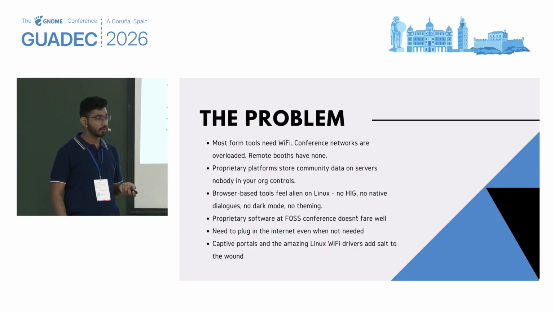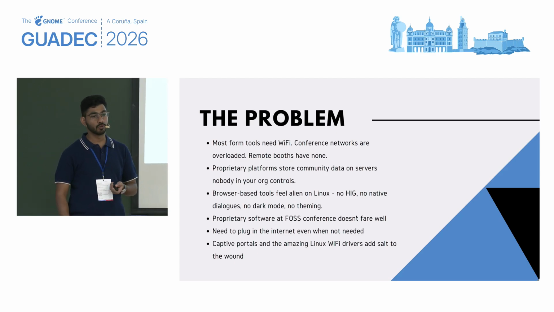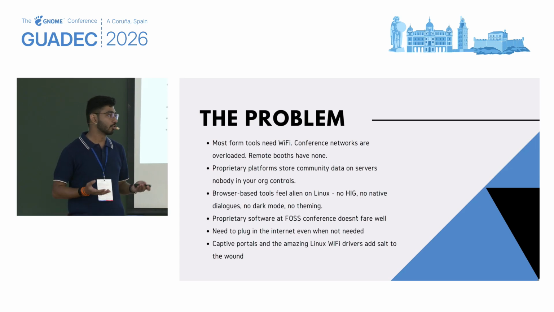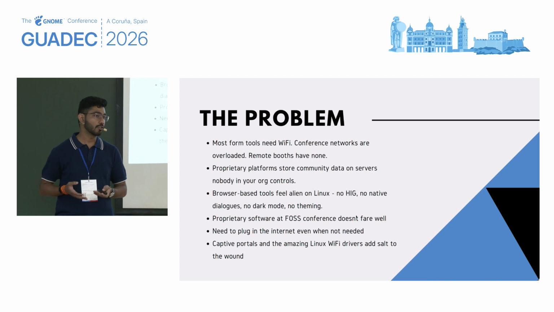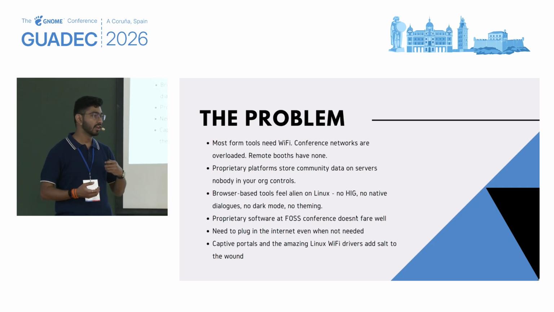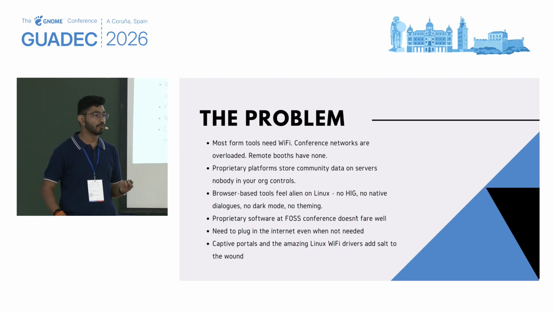The next one is all form tools need browsers, and browsers are their own bubble. So it acts like its own operating system, right? If you have an app installed on GNOME, it would feel like a GNOME application. Like it will have the HIG of GNOME. You would easily know, okay, this is how I have to operate it. But when you open a website on the browser, everything lives in its own bubble.